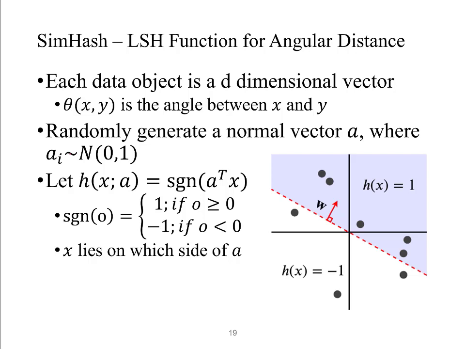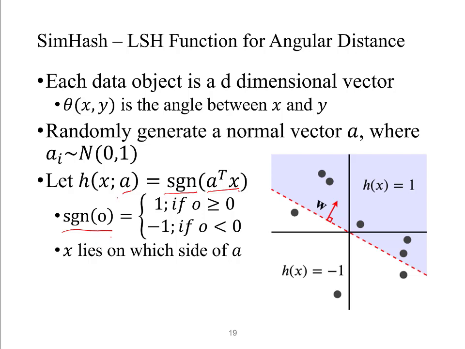Then we define h of x, with A as the hyperparameter, equals the sign function of A transpose dot x. All right.